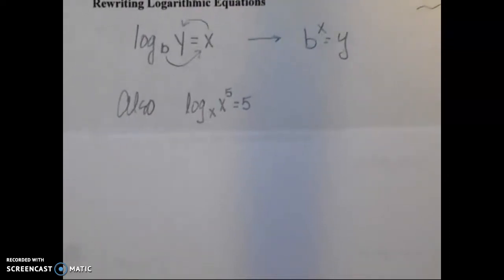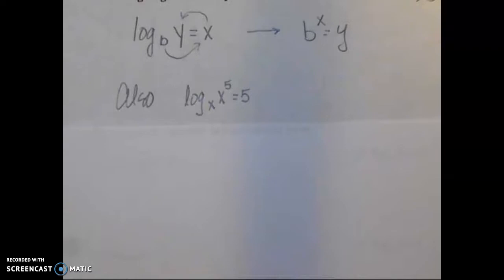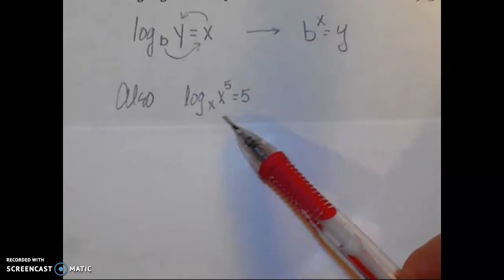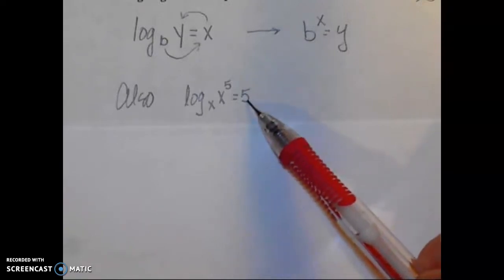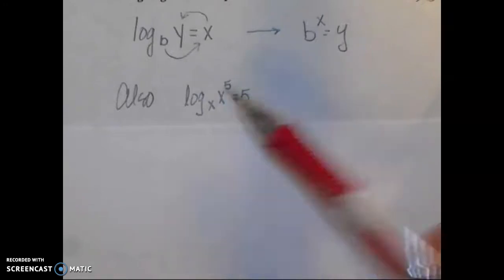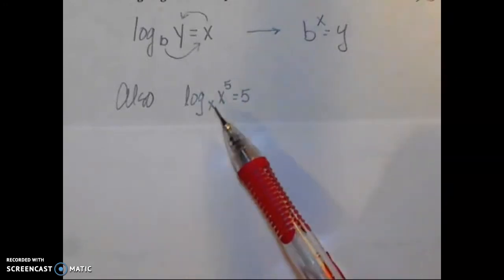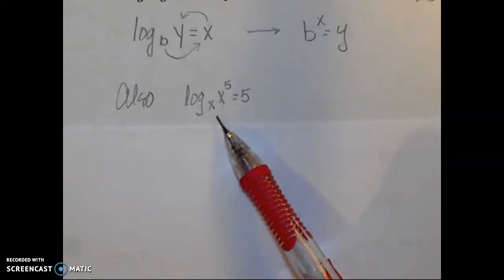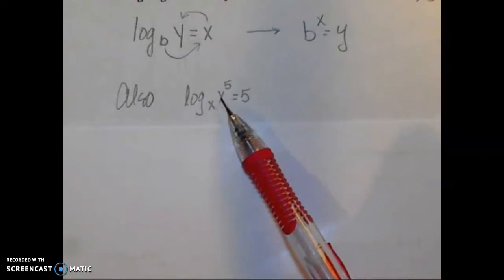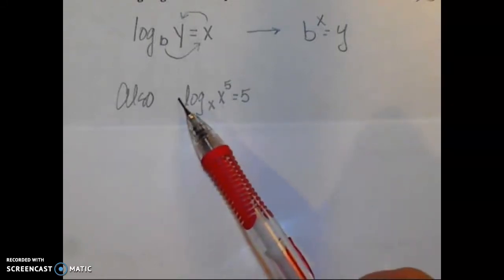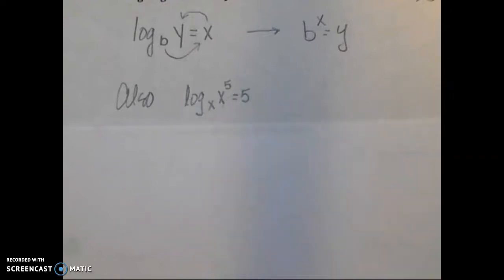This can go another way. X to the fifth equals X to the fifth. Well, that only makes sense. The reason why we need this property is when you have a subscript and the base is the same, log sub X of X to the fifth, these can cancel, and then you get just 5.